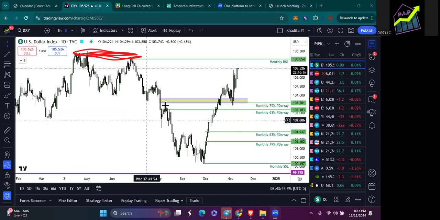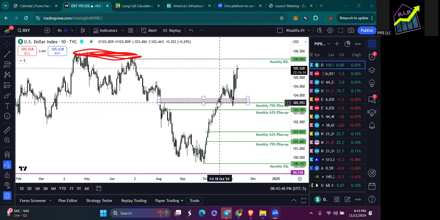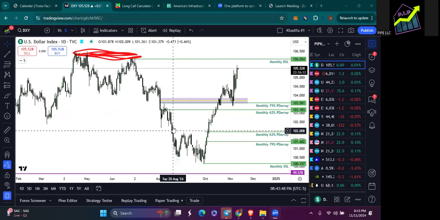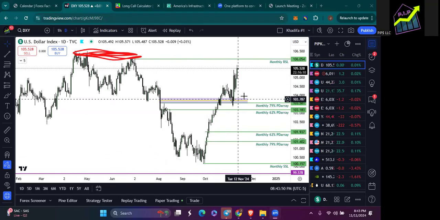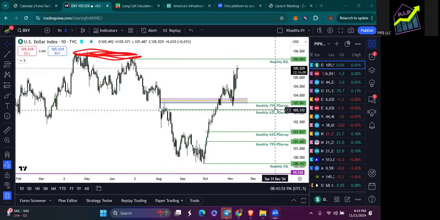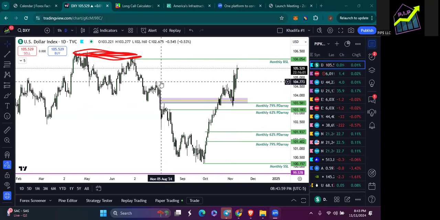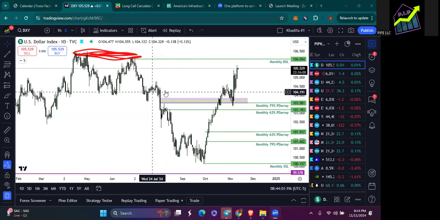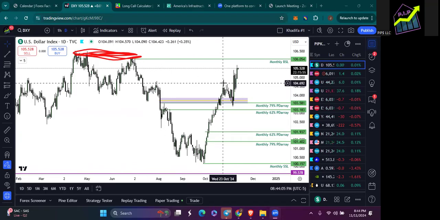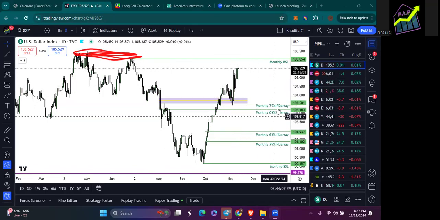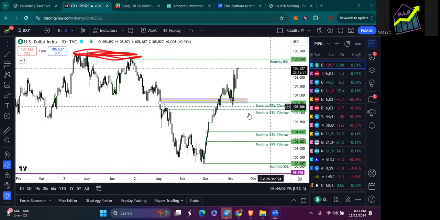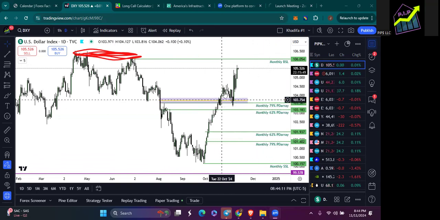Cool beans. Looking at the dollar, I told you guys in my last class that if we did break above these monthly PD arrays, I would look for the dollar to run these highs, or come up into this area of price, and then pull back down to these monthly PD arrays that it broke through.